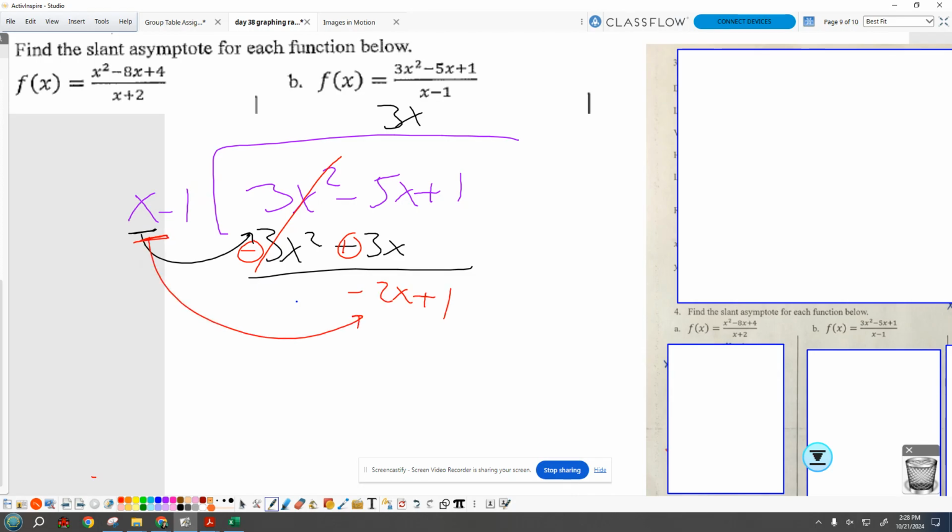How many times does x go into negative 2x? Negative 2. Change the sign and add down. Alright, did you guys get that? Do I care about the remainder? No. What's your question? Yeah, you were showing me the slope, it's on here.